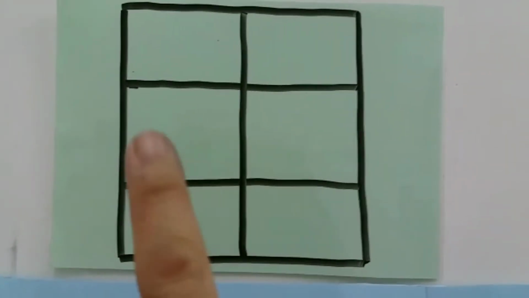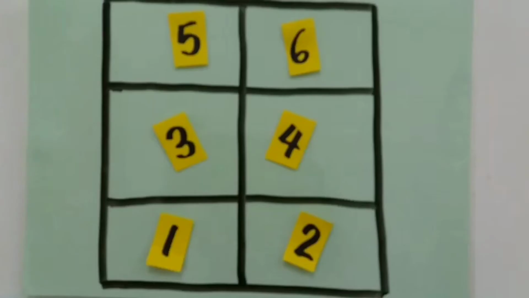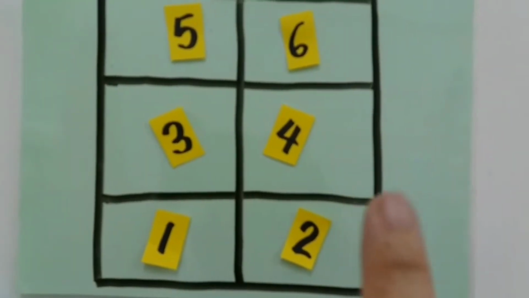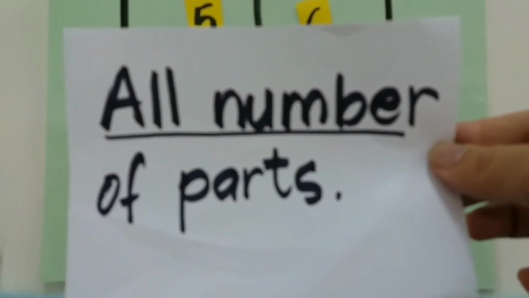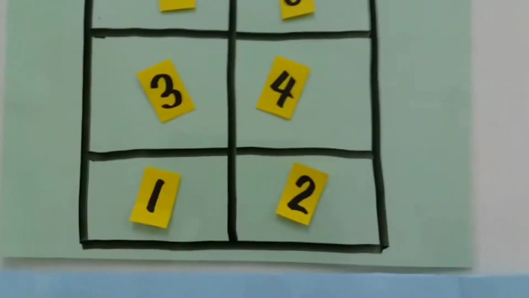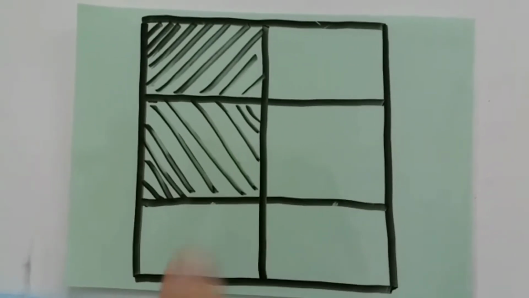Now we are going to do the fraction. How many parts do you see? So we have now 6. This is what we call the all number of parts. Now here, how many shaded parts do you see?